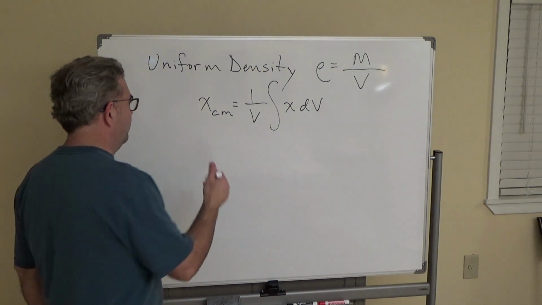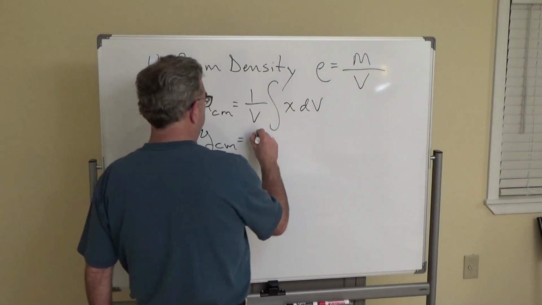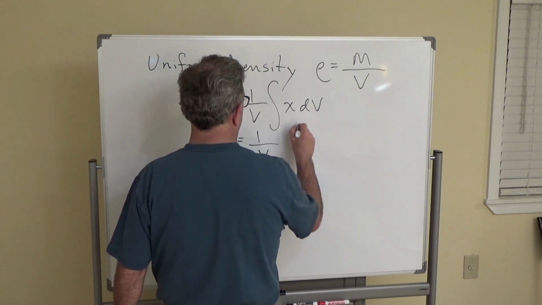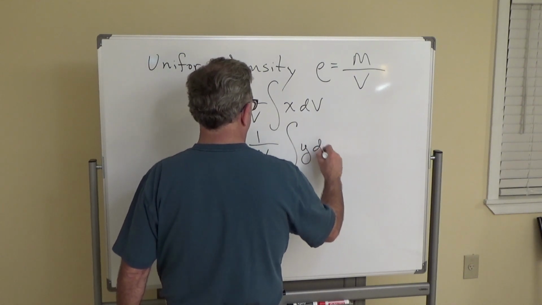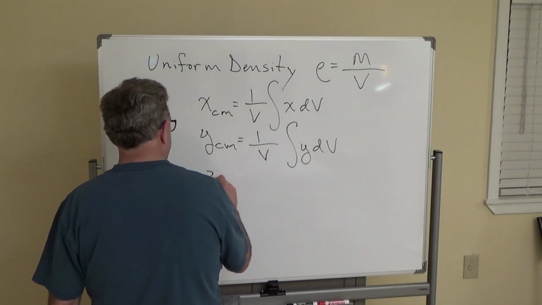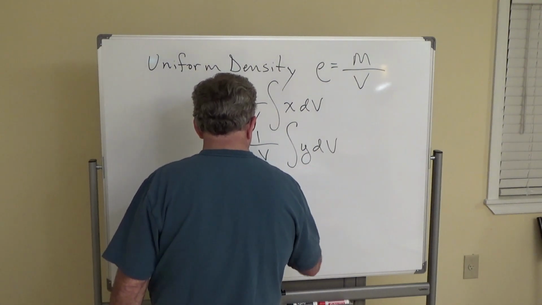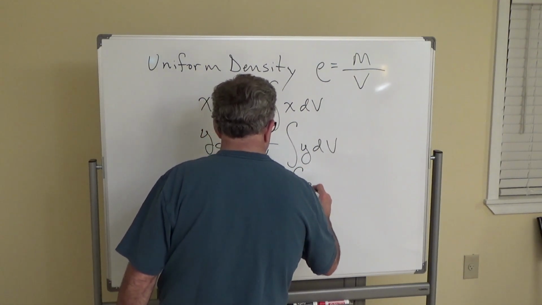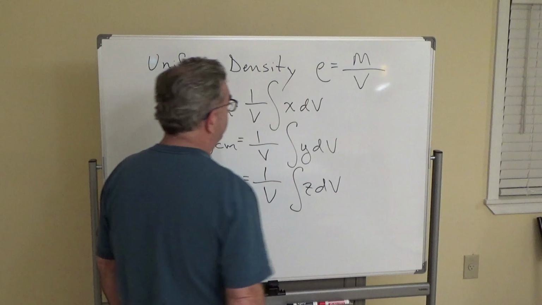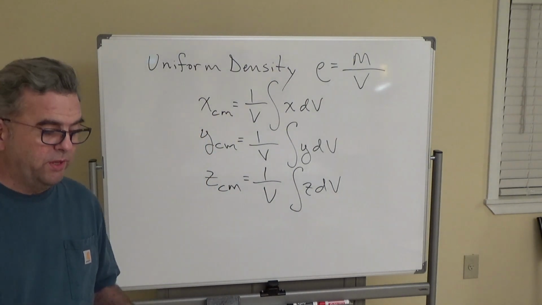And then y, same thing, y center of mass is equal to 1 over V times the integral of y dV, and z, just for completeness, z center of mass is equal to 1 over V times the integral of z dV. Okay? Those are the equations.